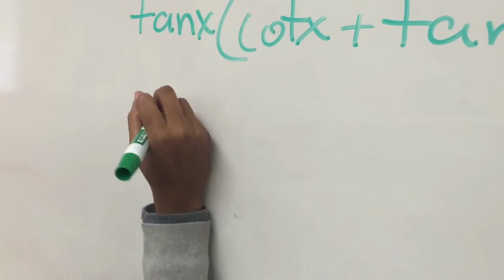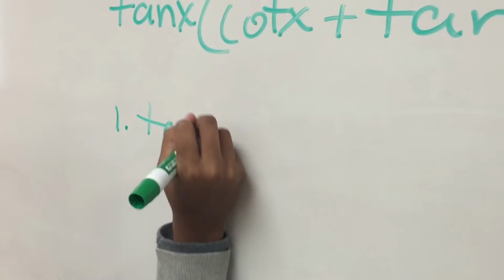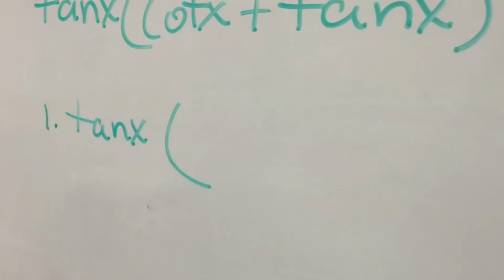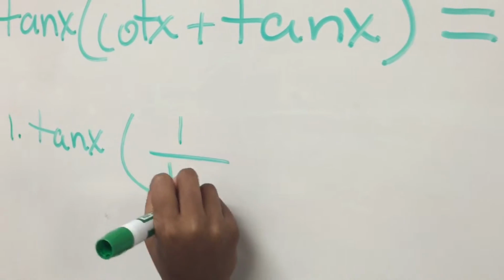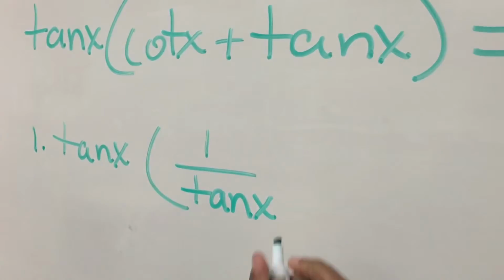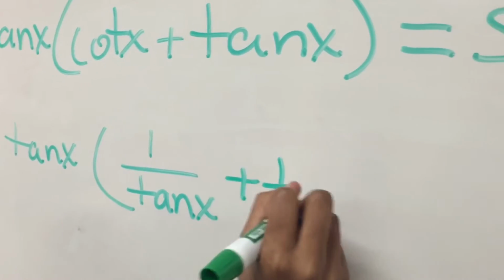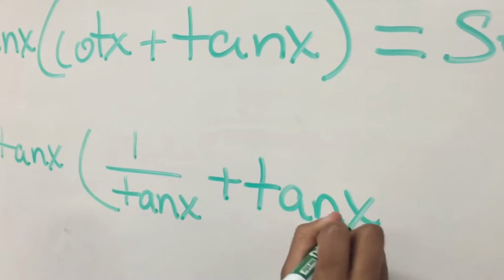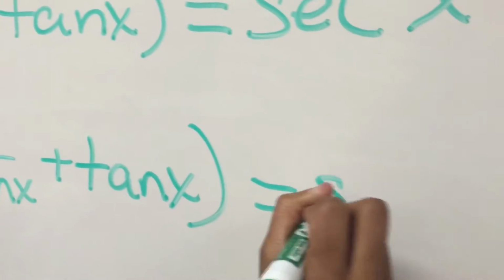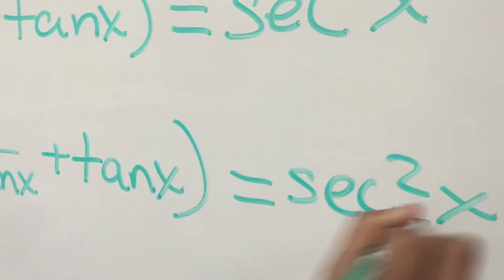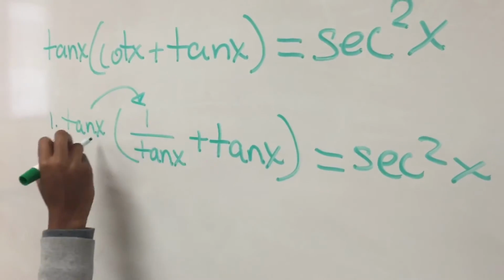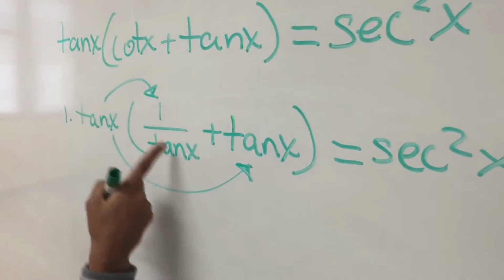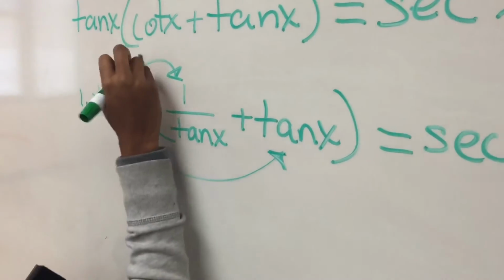So we bring down the tangent, and we use the reciprocal of cotangent, which is 1 over tangent x, and just bring down the second tangent equals secant squared x. From here, we have to distribute that first, then that second.